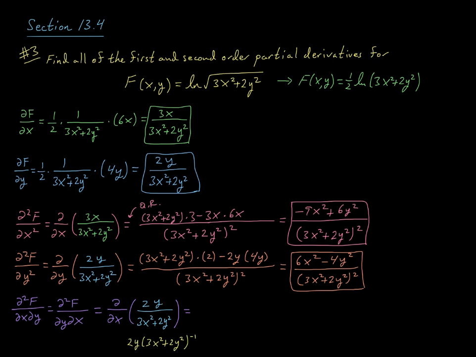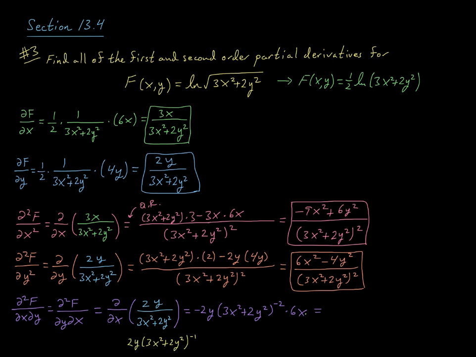Okay, so to do that, we're going to get the following. The negative one's going to come down, and I'll get negative 2y times the quantity 3x squared plus 2y squared to the negative second power. And then I need to multiply by the derivative of what's inside the parentheses, 3x squared plus 2y squared, with respect to x, and that's going to give me a 6x.